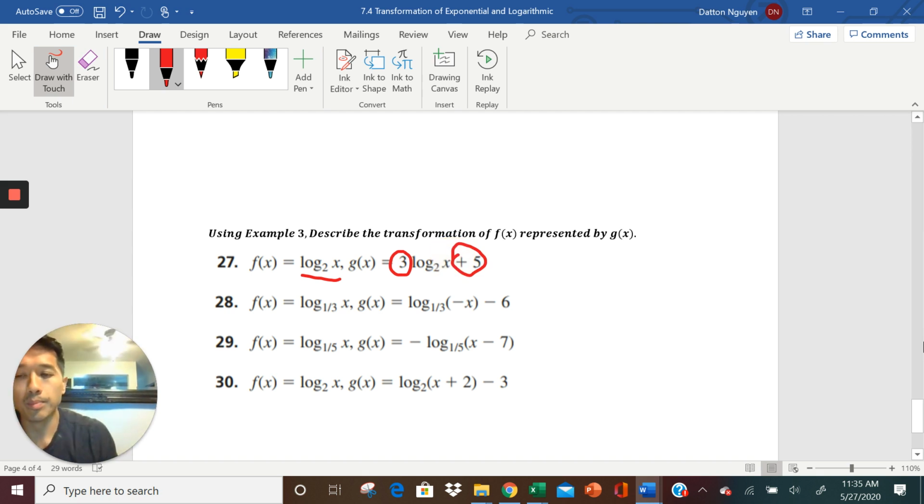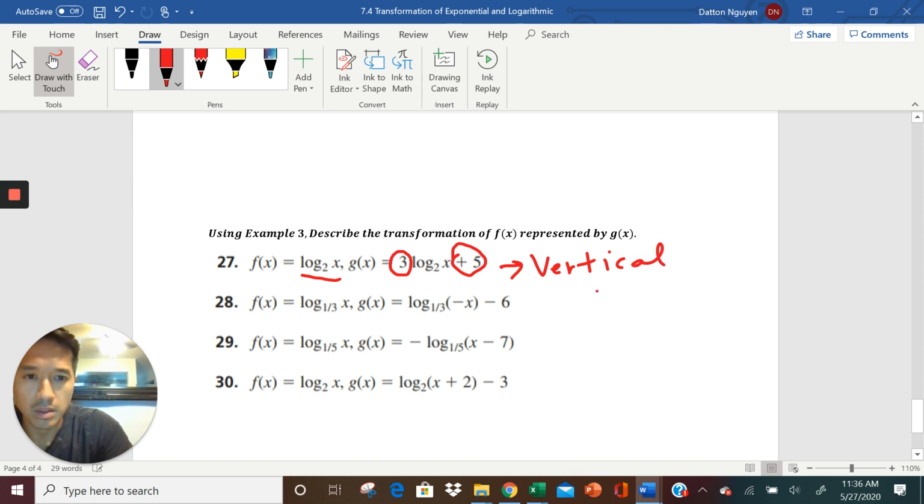If we go back to the table for transformations of logarithms, then remember that the 3 coefficient in front means it's a vertical stretch of 3. The plus 5 means up 5 units.